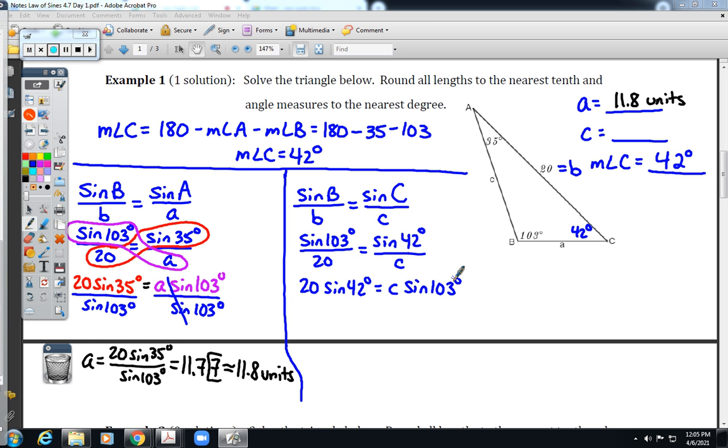And then divide by the sine of 103. So c is 20 times the sine of 42 degrees divided by the sine of 103 degrees. And we feed that into our calculator. Okay, cross multiply and then divide by the sine of 103.